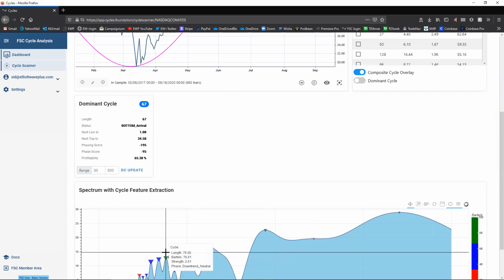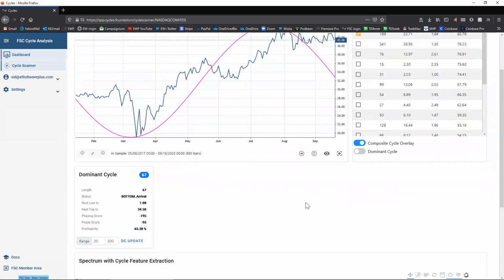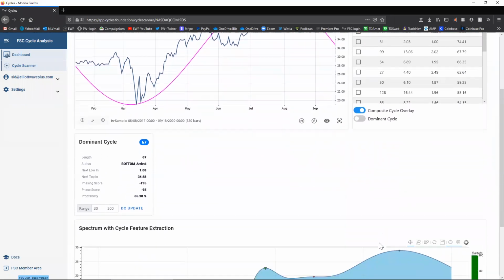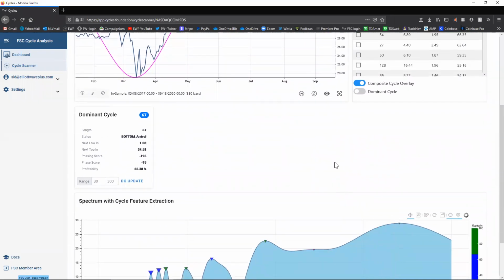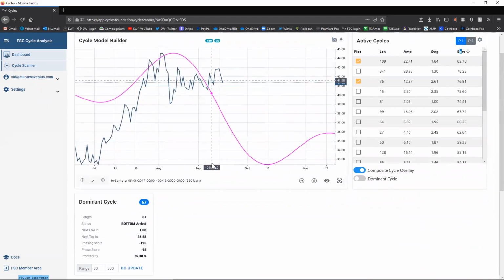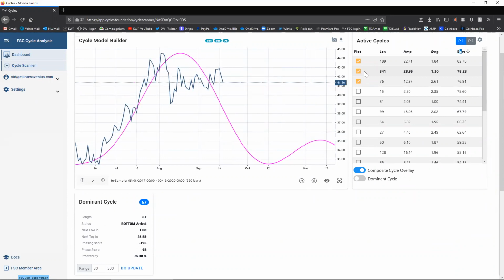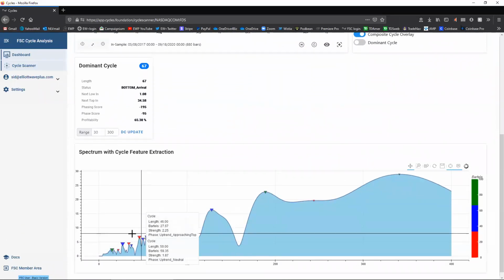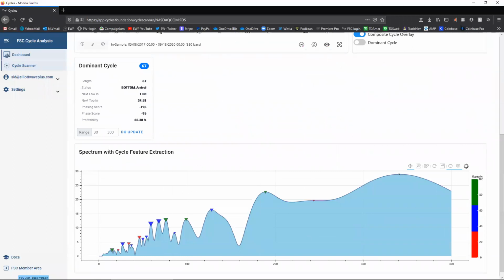There's one at 99 and one at 76. Well, let's choose the 76. There's also one at 341, which we'll look at just for grins, but we may take it out. It doesn't change the trajectory that much. And there's one way down here, 15.